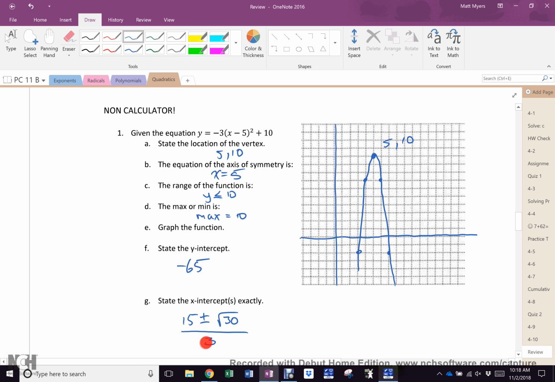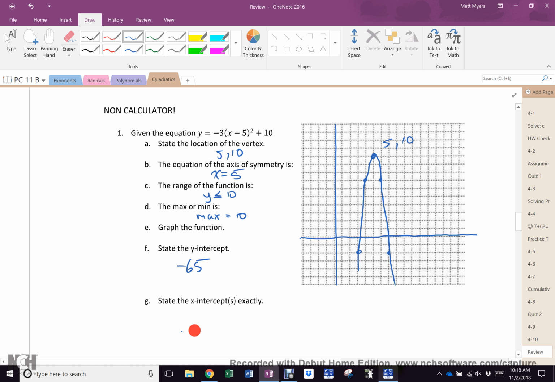Yeah, that's not right. But what would you do there? How do you find the exact roots? What do you have to do to find the exact roots?